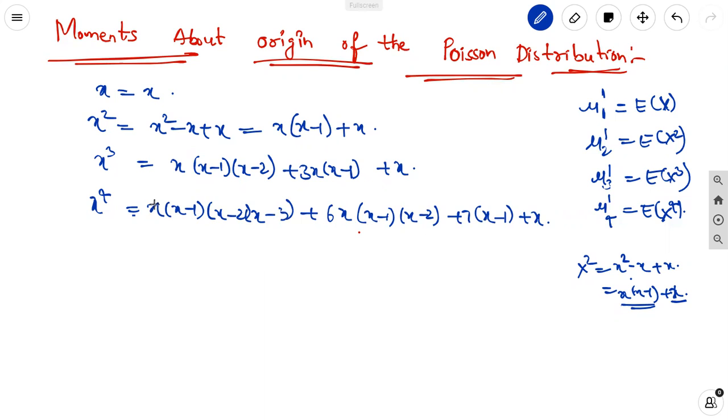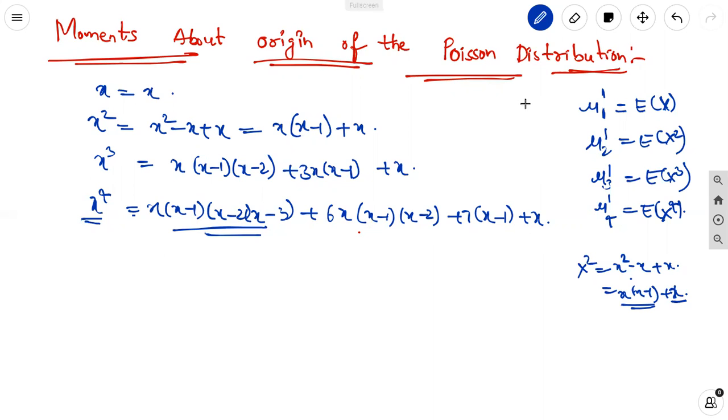After the simplification of all these, we get x to the power of 4. Similarly, after the simplification of x cube, we get x square, x. But we have to remember x to the power of 4 means x into x minus 1 into x minus 2 into x minus 3, 6 into x into x minus 1 into x minus 2, 7 into x into x minus 1, like that.